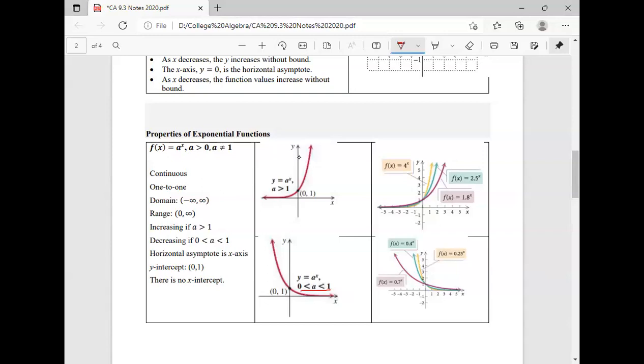So we're increasing if a is greater than 1, and we're decreasing if it's between 0 and 1. We do have a horizontal asymptote at the x-axis, which is also the line y equals 0. And our y-intercept is (0, 1), and there is no x-intercept because it never crosses the x-axis.